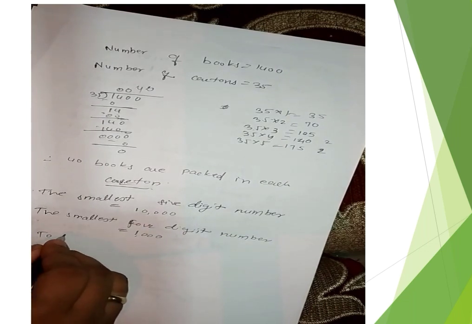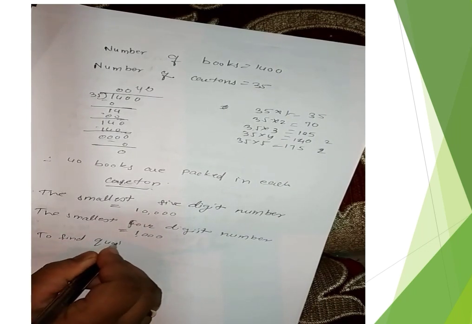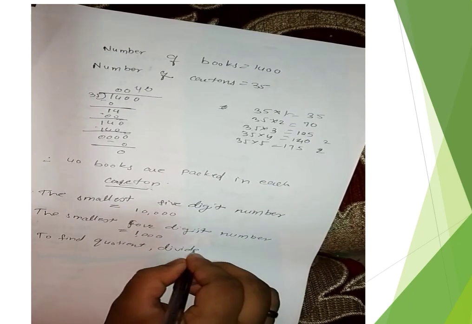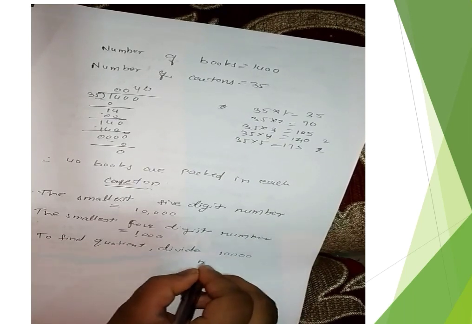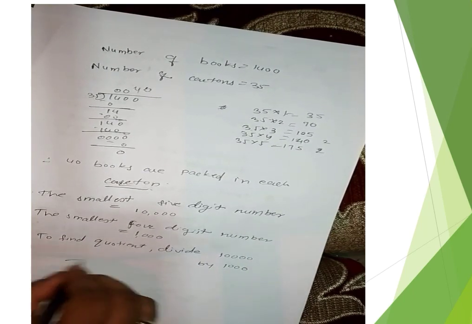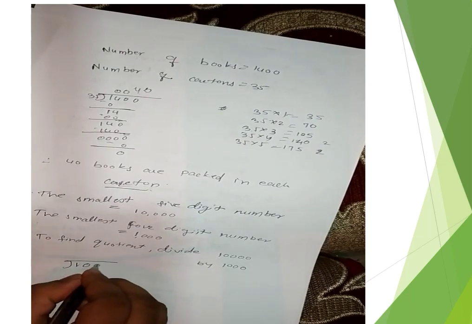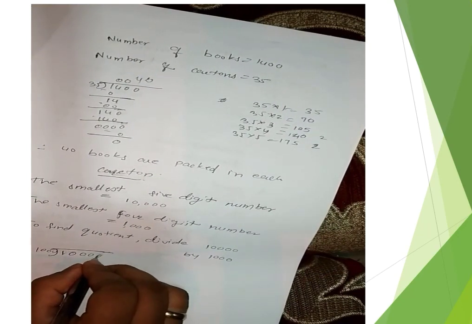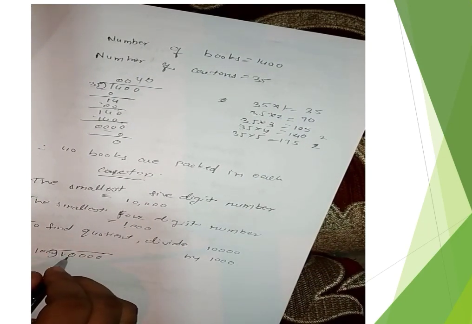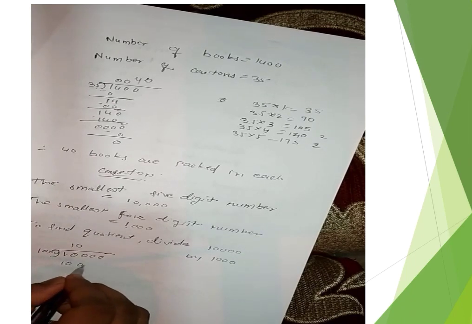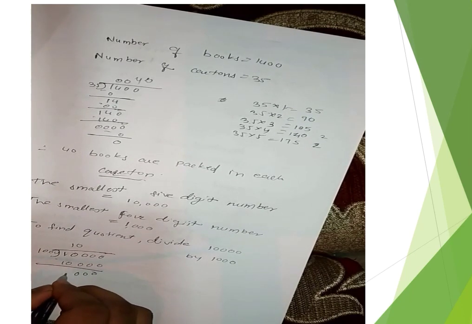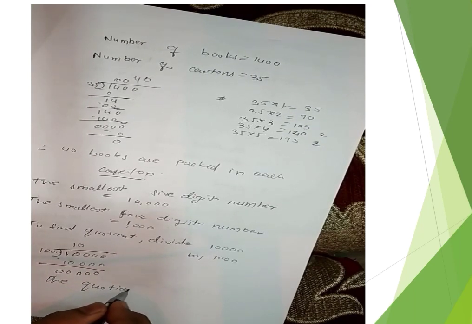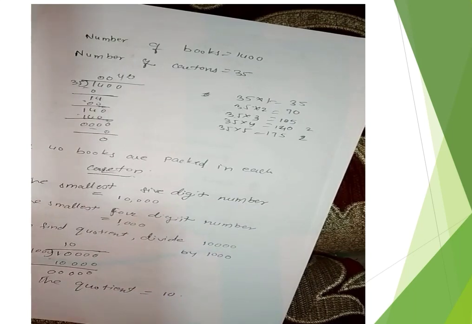To find the quotient, divide 10,000 by 1000. So here, 1000 into how much is equal to 10,000? 1000 into 10 is 10,000. Right? Therefore, the quotient is 10.